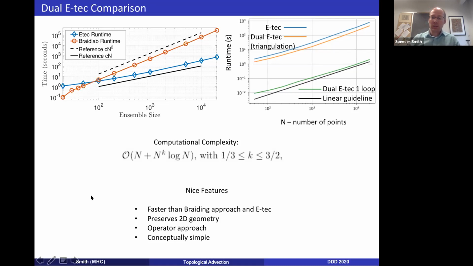Some nice features. This, like I said, is much faster than the braiding approach, also faster than E-tec. It preserves the 2D geometry, so you can exactly see how these loops evolve forward in time. There are a few other things, but most of all, it's a fairly conceptually simple algorithm compared to other things out there.